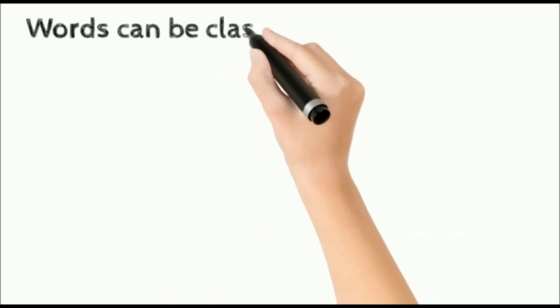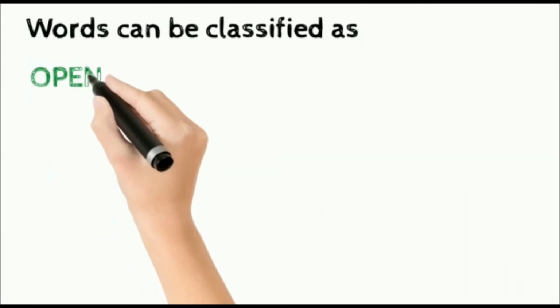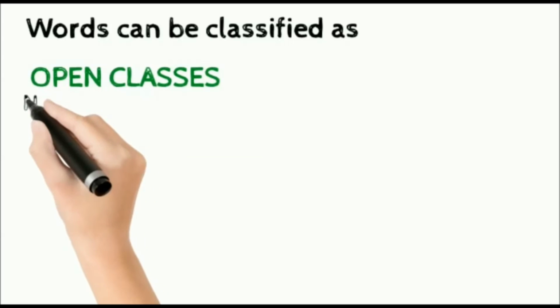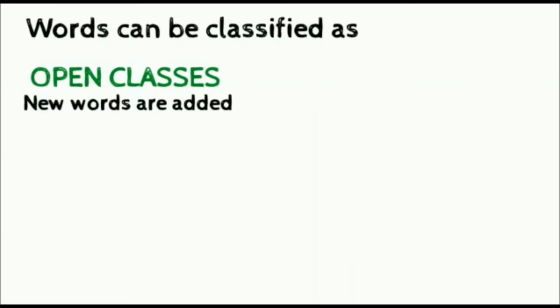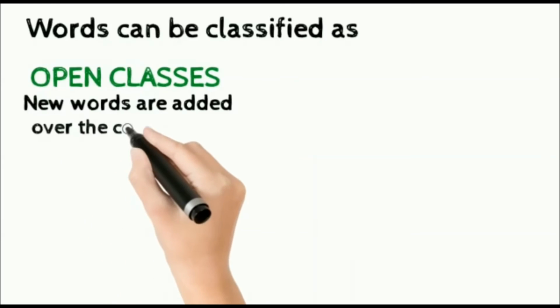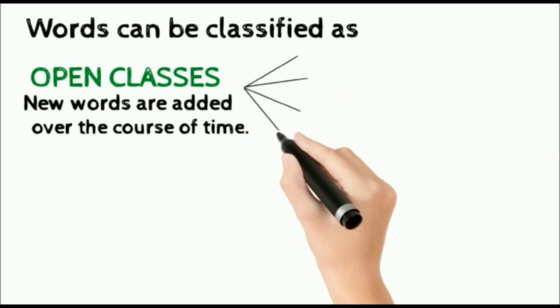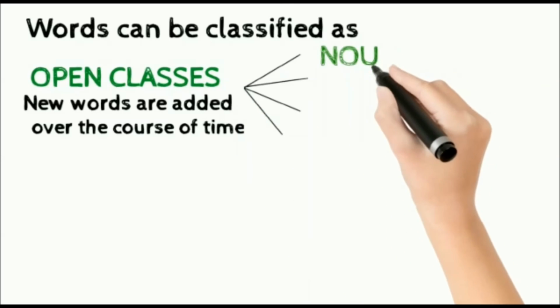So ultimately, the words can be classified as open class. Here in this class, new words are added over the course of time. So the words that are included in open class are noun, verb, adjective, and adverb.